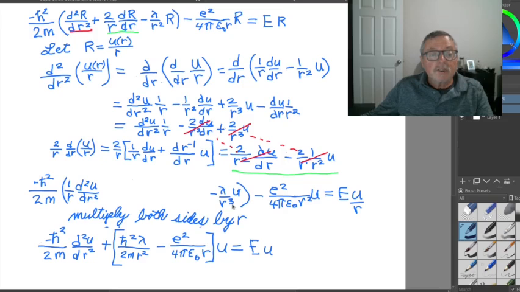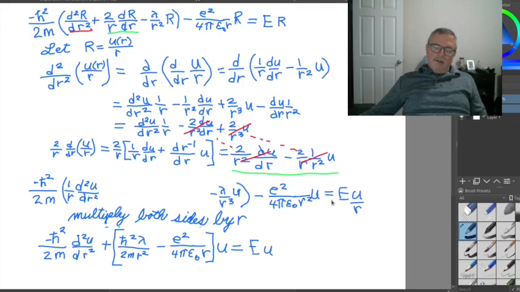Well, let's see where that became an r cubed. Oh, it's u over r, not just big R anymore, so that became an r cubed down there. And then we have minus e squared over 4 pi epsilon naught r squared, and then this becomes e to the u over r.